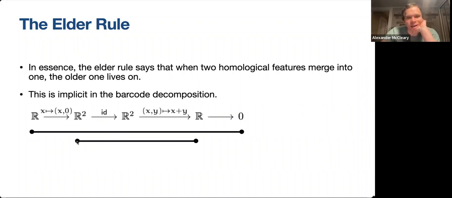And then this feature that was born later dies first, right? When the two features merge, it's the older one that lives on, right? And I do want to emphasize that this is not something we need to implicitly assume or enforce. It's something that is a side effect of the barcode decomposition.